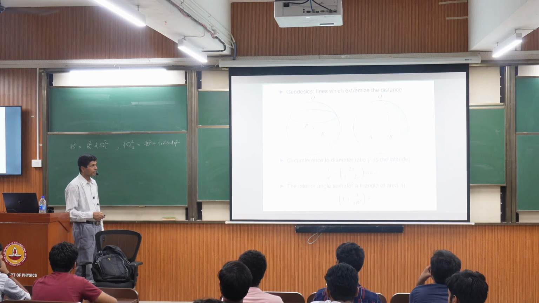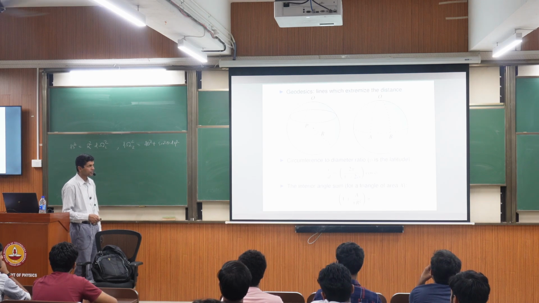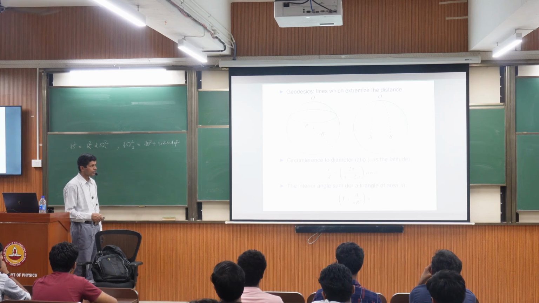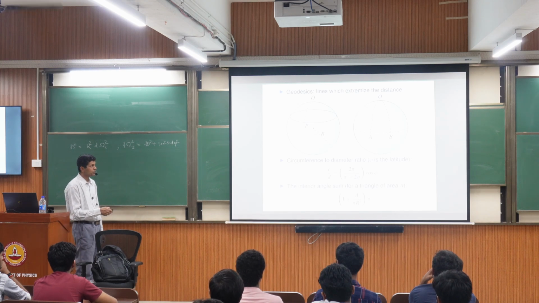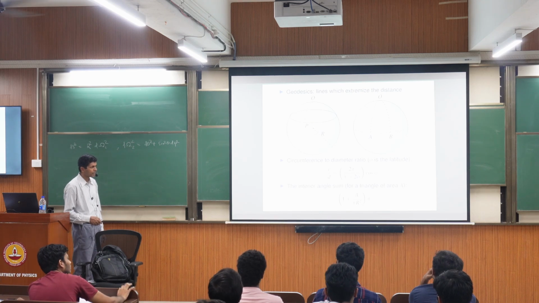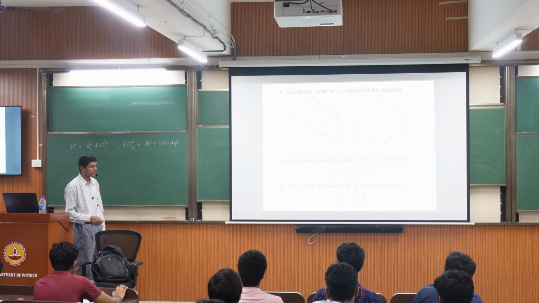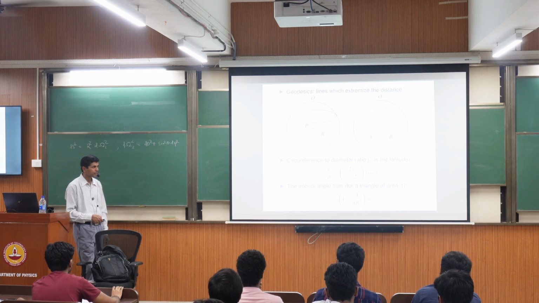Okay, and then you can simply see that the ratio of the circumference to diameter is given by this interesting formula. It's straightforward to derive this. Something which is a little bit less straightforward is the interior angle sum. It is given by this.